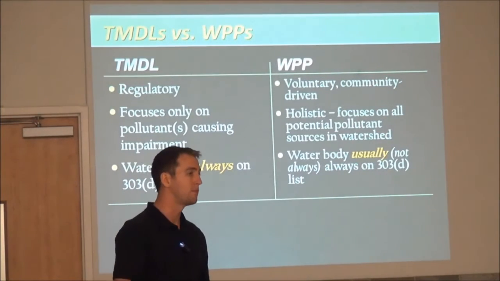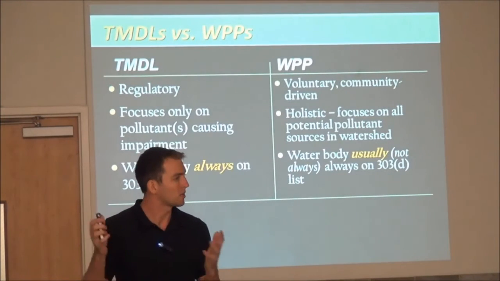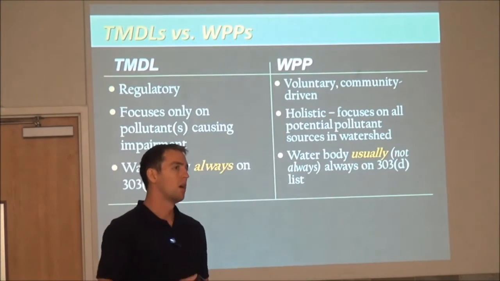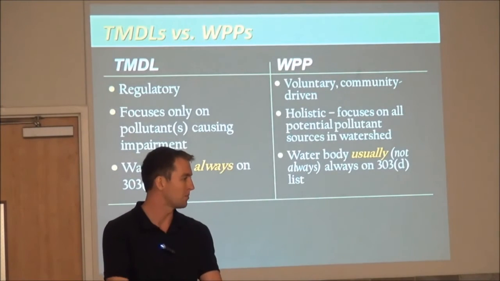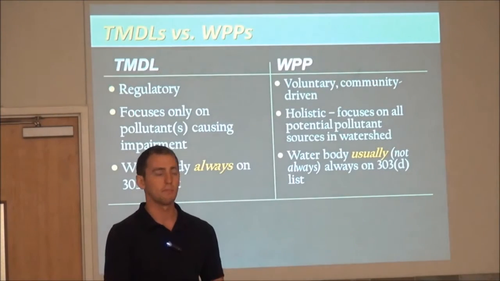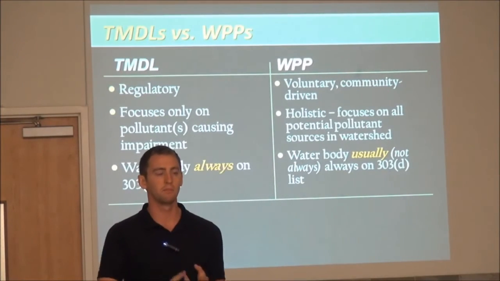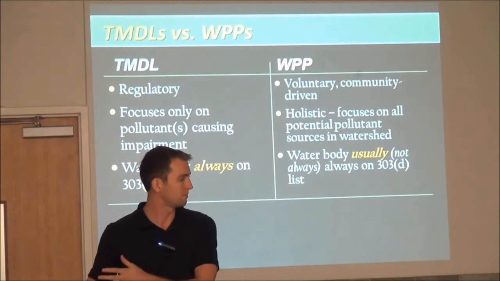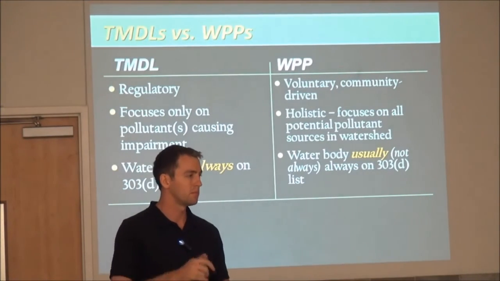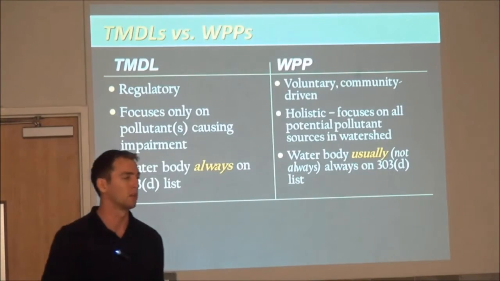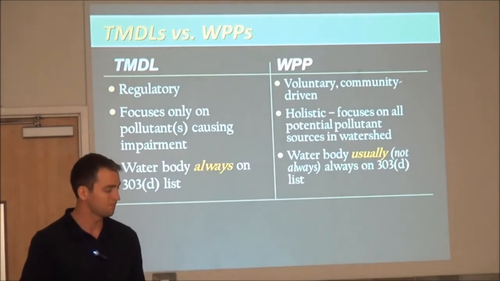You can go in, maybe if you have a clean water body and you'd like to prevent it from becoming impaired, or if maybe you have an impairment for bacteria but not for nutrients, you can go in and develop a watershed protection plan to address that bacterial impairment, but also look at nutrients. Things change in the future, that might be an issue in the future. So this type of plan allows you the flexibility to look at various things.